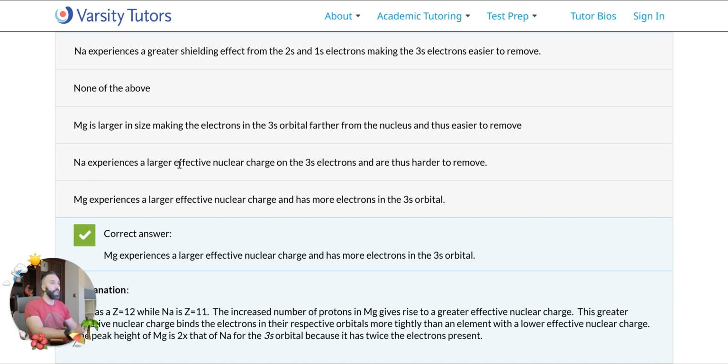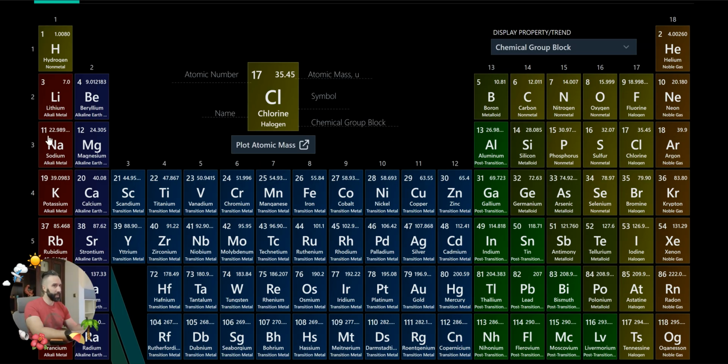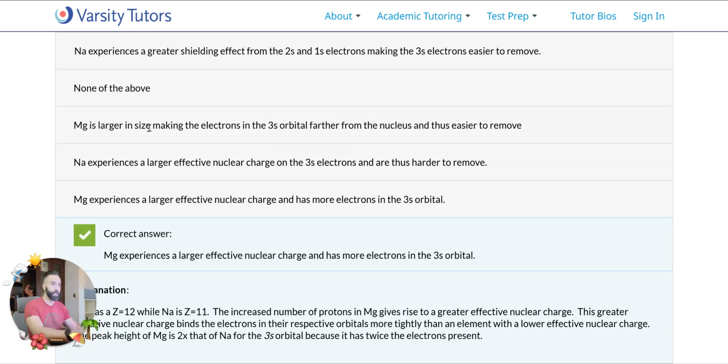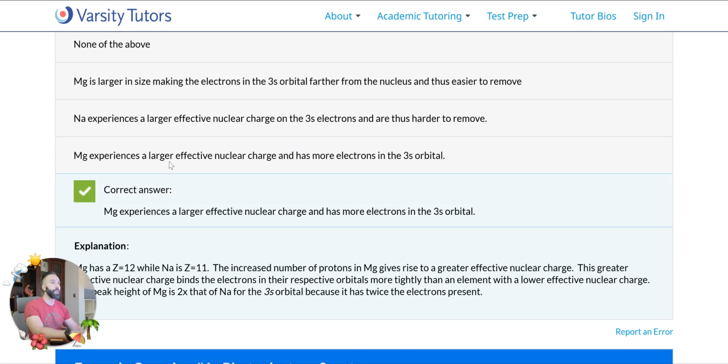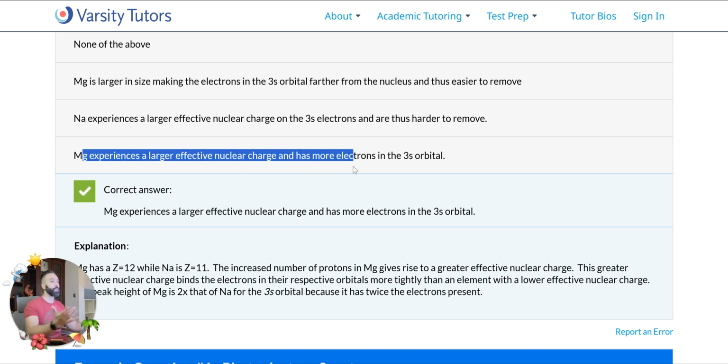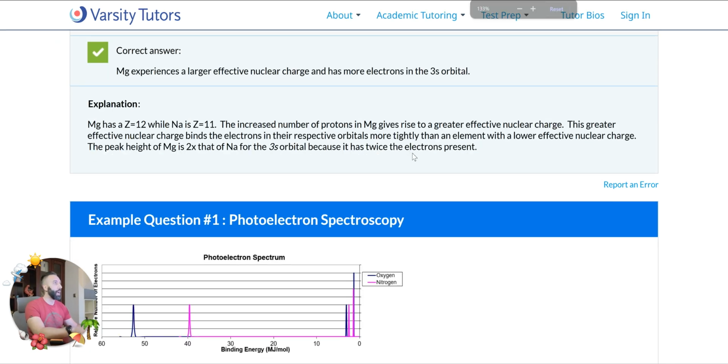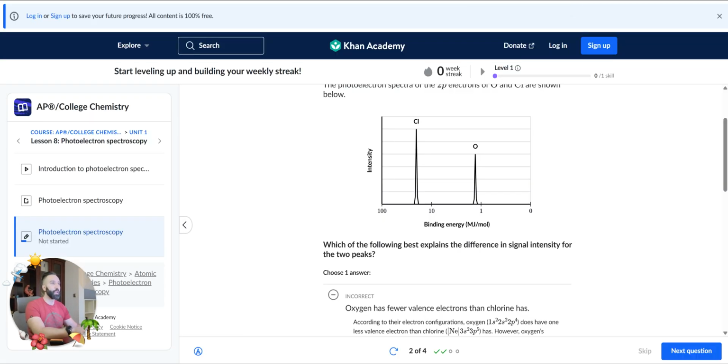Na experiences a larger effective nuclear charge. No. Na has 1 less proton, so smaller charge. And Mg experiences a larger effective nuclear charge. Yeah, Mg has a larger effective nuclear charge. That just means more protons. So we're correct here.